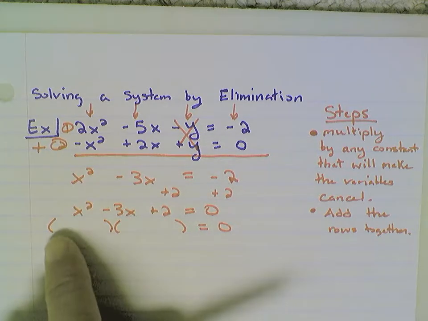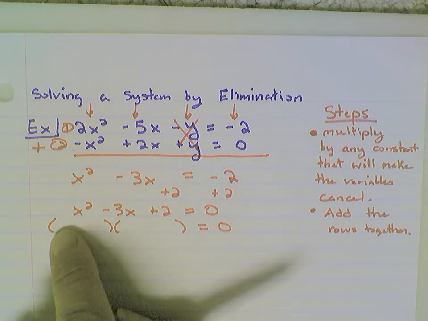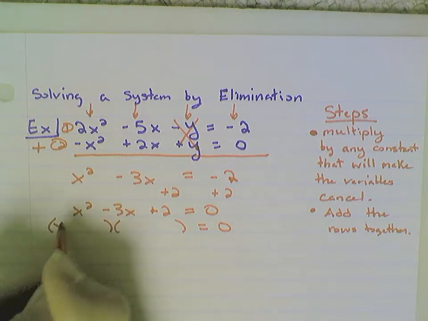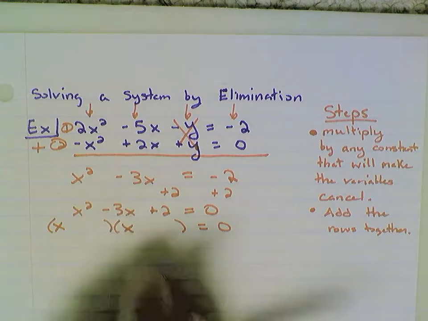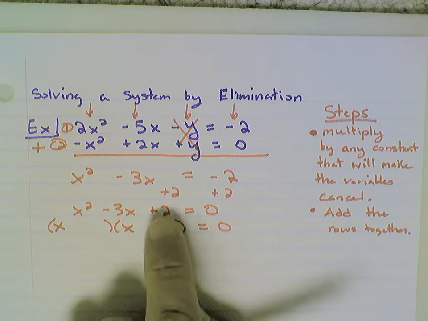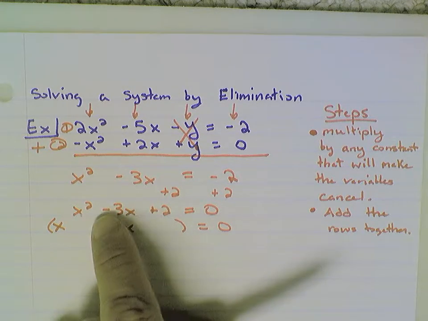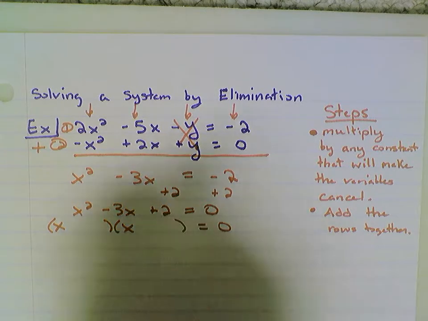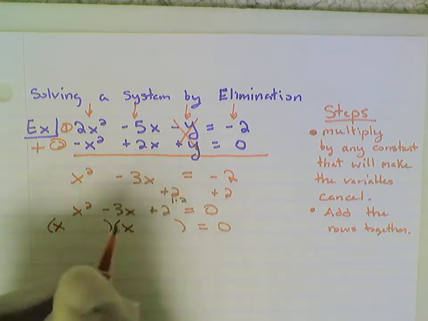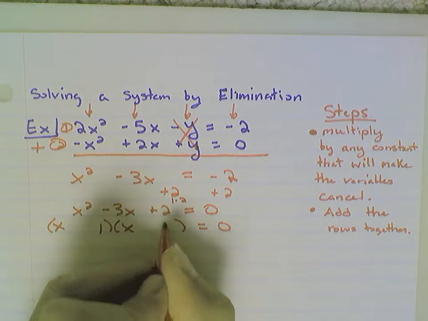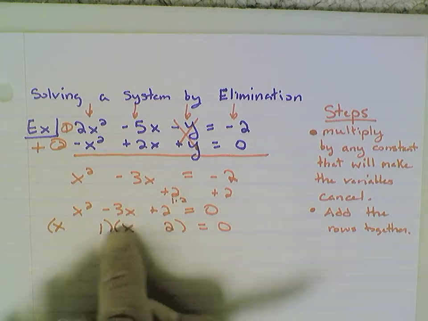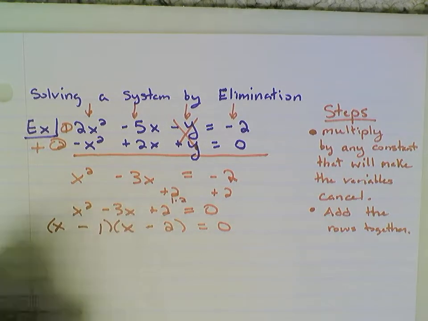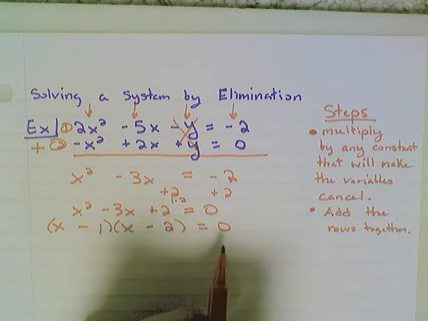And remember, we're undoing FOIL on this step, so what times what will give me the first term? That's simply x times x. And then what times what multiplies to 2 and adds to negative 3? There's really only two numbers that multiply to 2, and that's 1 times 2. I need them both to add to negative 3, so they're both going to have to be negative, and then that's equal to 0.